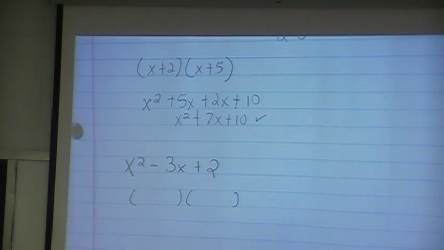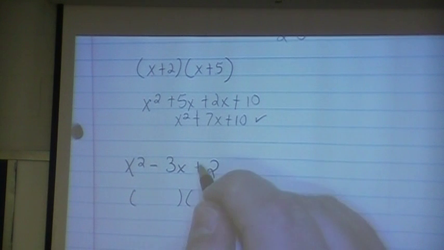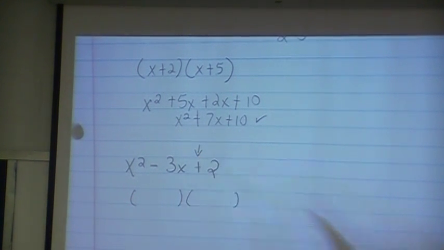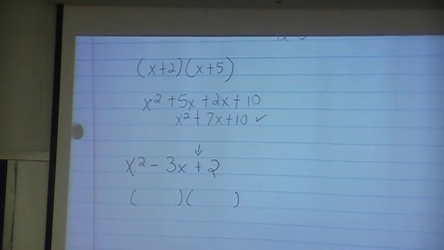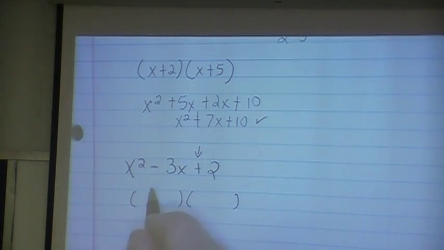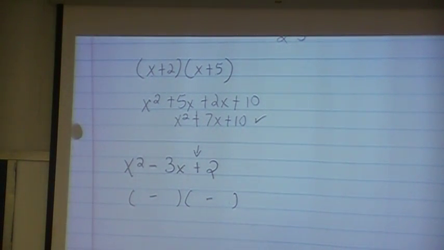If I have minus and plus, I want you to look. If my last symbol is plus and my first symbol is minus, then both of my parentheses is going to be minus.